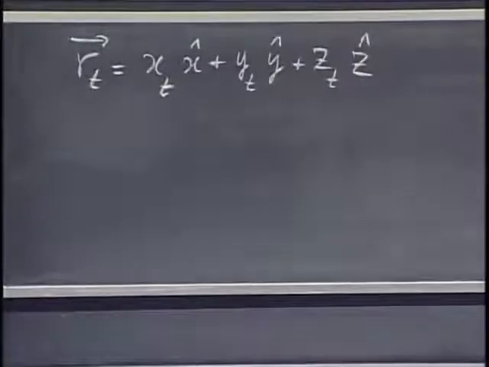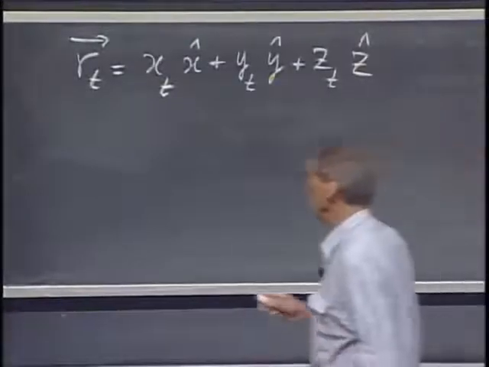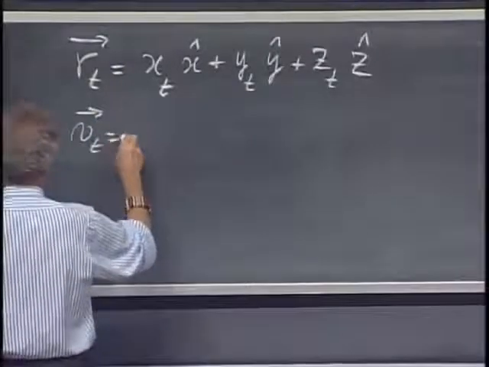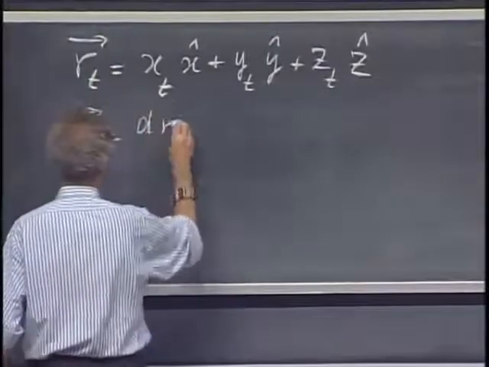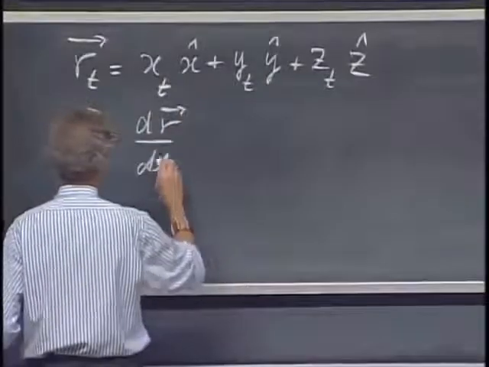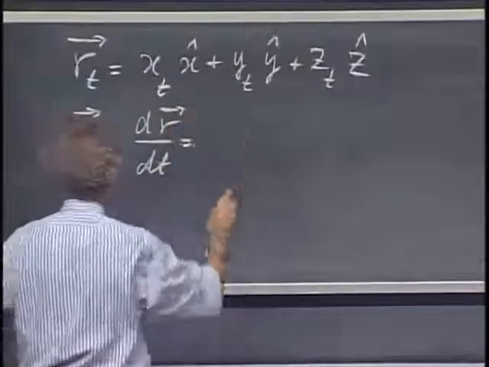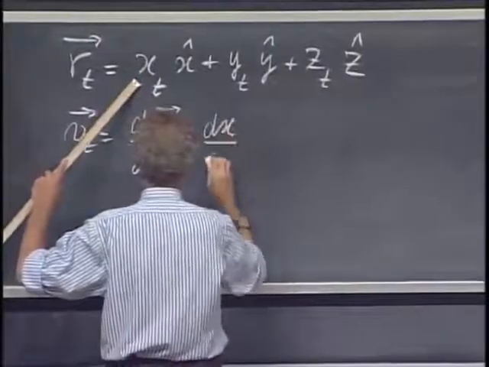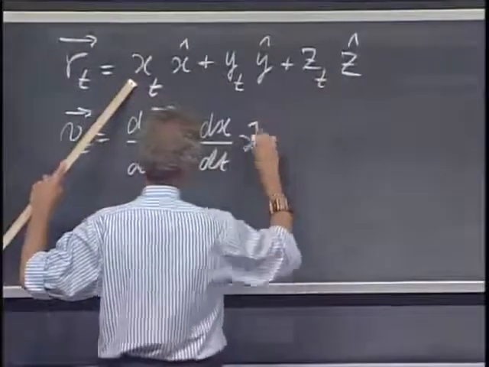What is the velocity of this particle? Well, the velocity is the first derivative of the position. So that is dr dt. First the derivative of this one, which is dx dt x roof.